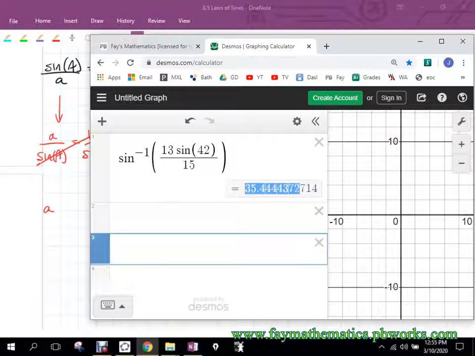I hit my second sine, and I took 13 times 40. With that one, you got to do it backwards. I do 13 times sine before I divide by 15. Okay. Can you remember all that?